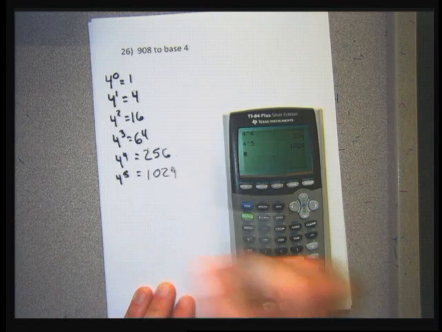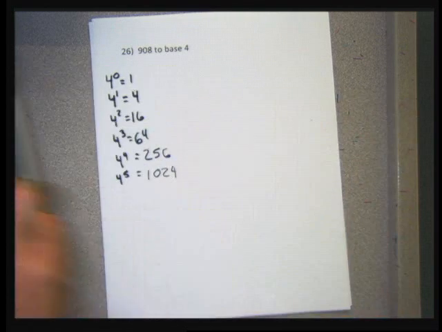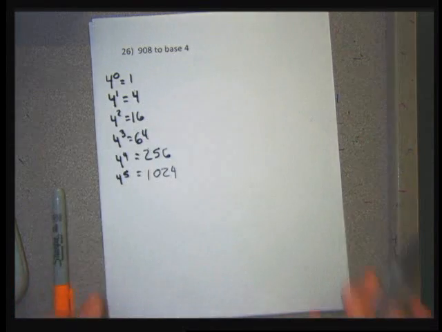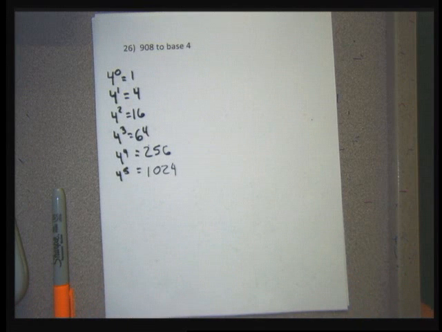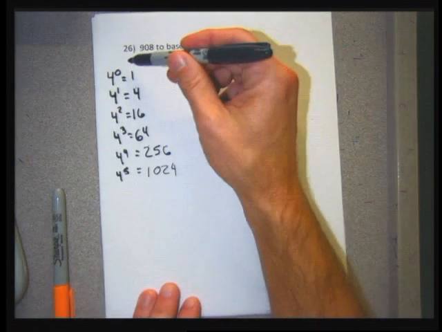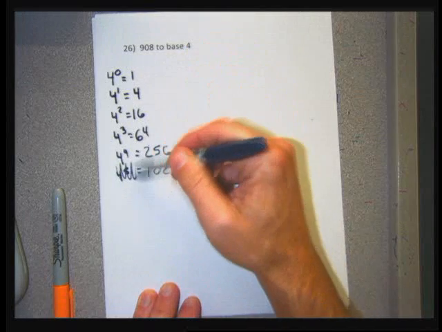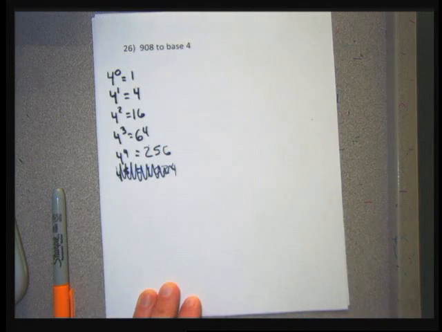So for each problem that I'm asked to convert into a base, I start with that particular base and write all the powers of it until I get to a power that's bigger than the number that I'm working with, and I cross that out. So I started with 4 to the 0, got up to 4 to the 5th. 4 to the 5th was too big. It's bigger than 908, so I'm not going to write it.